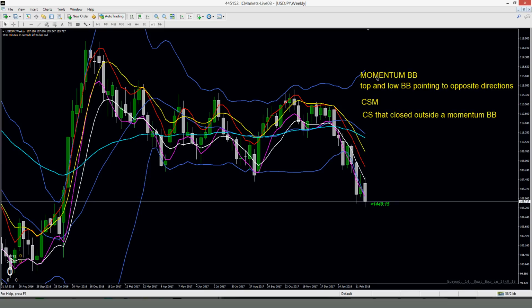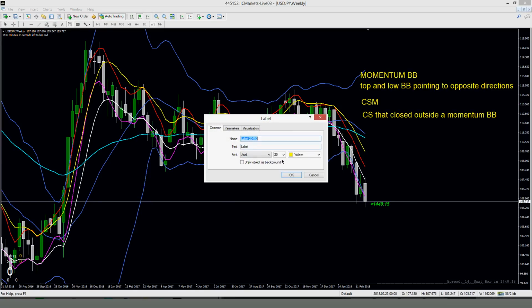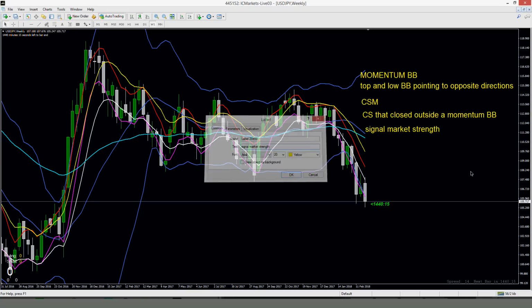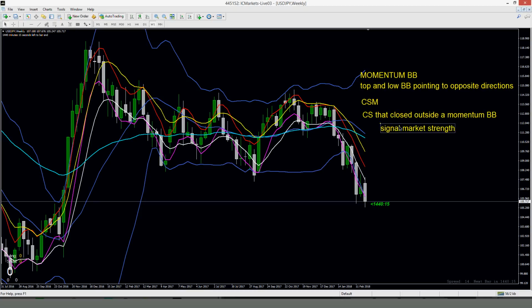Okay. So CSM is not finished yet, because there are other points that we need to know about CSM. The second thing is that it's a signal of market strength. So what it tells us is that there's a strength in the market going down over here on a weekly time frame.